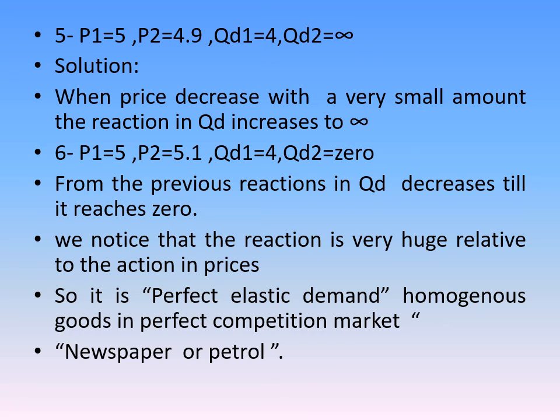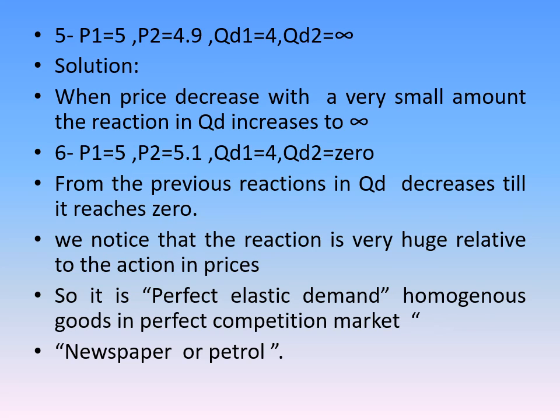Quantity demanded from my store will increase from 4 units to infinity. It means there is infinite demand for my store because I just decreased the price by 0.1. That's what I've written. When price decreases by a very small amount, QD increases to infinity. Infinity means the consumer is going to ask for all the products in this store.